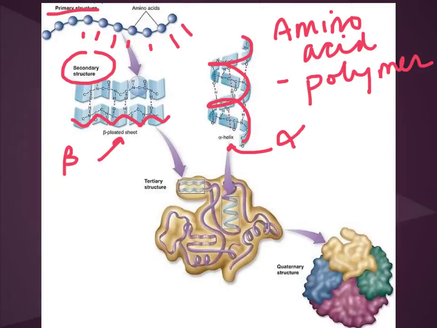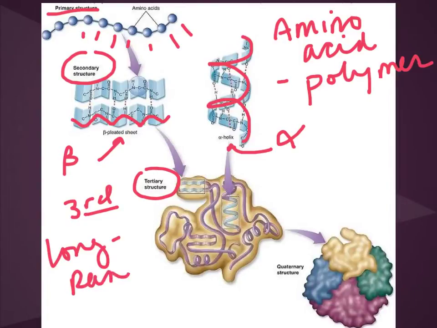Those beta-pleated sheets and alpha helices also can interact at longer distances away from those short-range amino acid interactions. That tertiary structure, the third level structure, is the long-range interactions between amino acids.